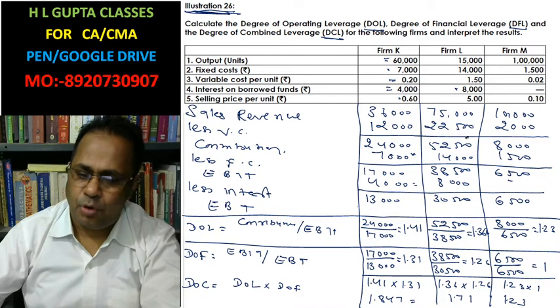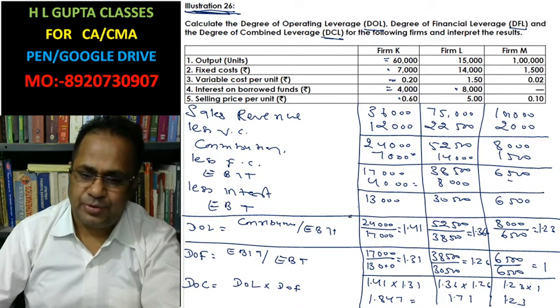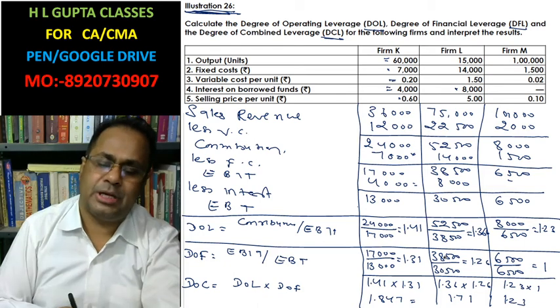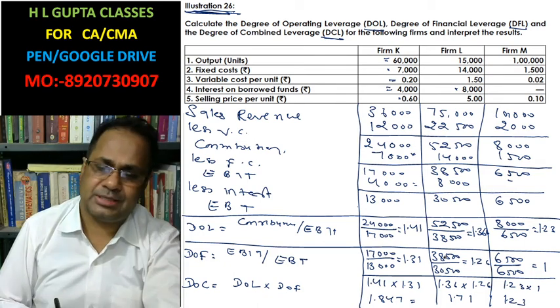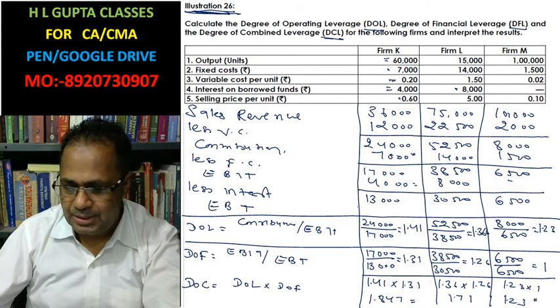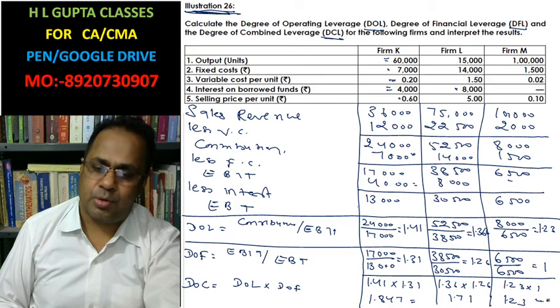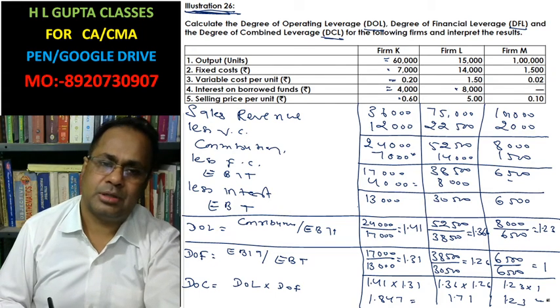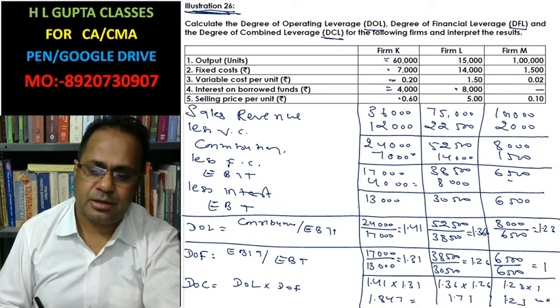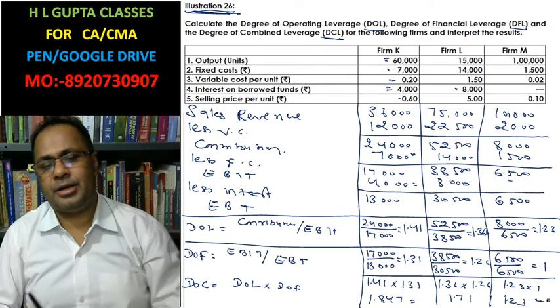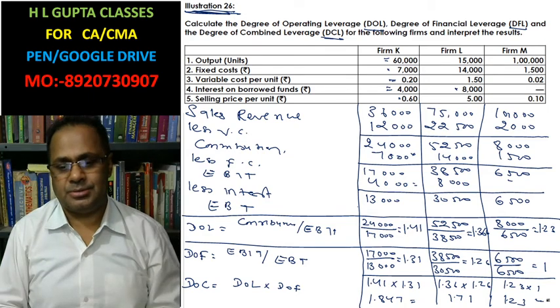In the case of form M, it has fixed cost 1,500 and no interest, so lower operating leverage as well as lower degree of financial leverage. That's why total combined leverage is lower. And form K has higher fixed cost, higher degree of operating leverage, higher interest, higher degree of financial leverage, therefore higher degree of combined leverage.